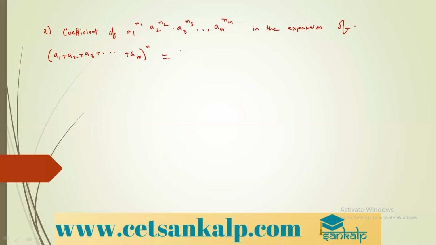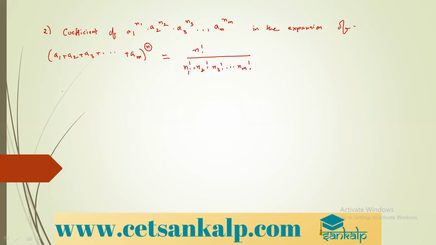So the formula for the coefficient is n factorial, which comes from this n. And in the denominator, you will have n1 factorial into n2 factorial into n3 factorial, so on, into nm factorial.